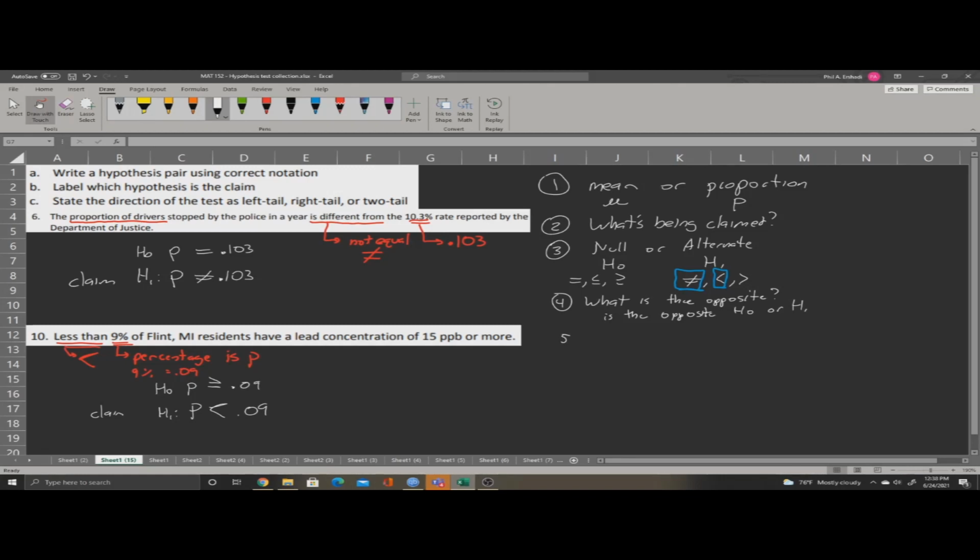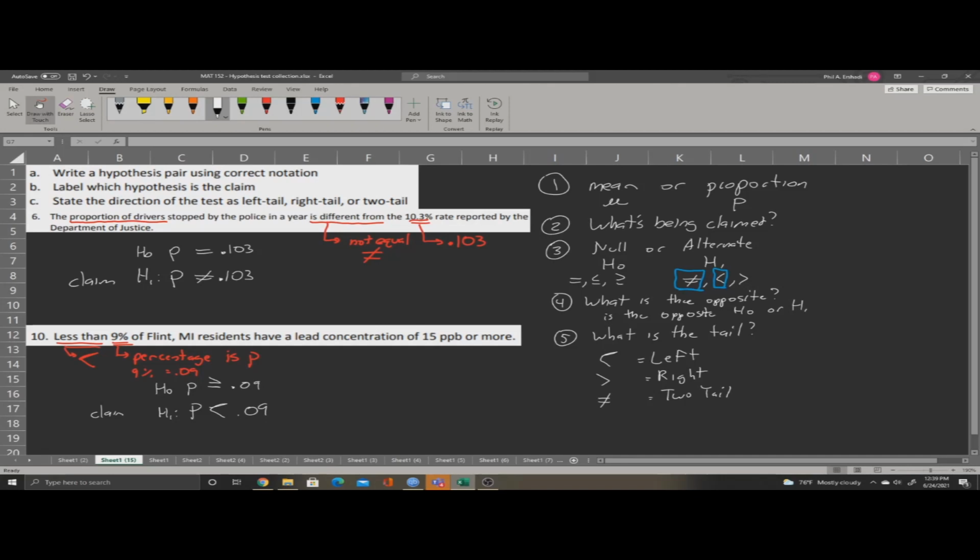Fifth, let's determine what tail the test is. Remember that less than means left tail, greater than means right tail, and not equal to will mean two tail.